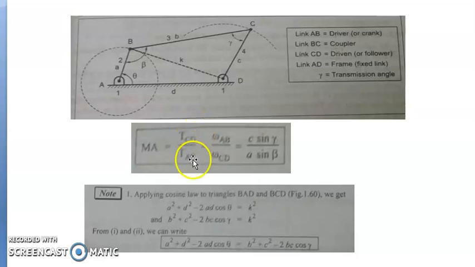So T_CD by T_AB is equal to omega AB by omega CD, which is equal to C, the length of the output link, into sine gamma, divided by A, the input link length, into sine beta.